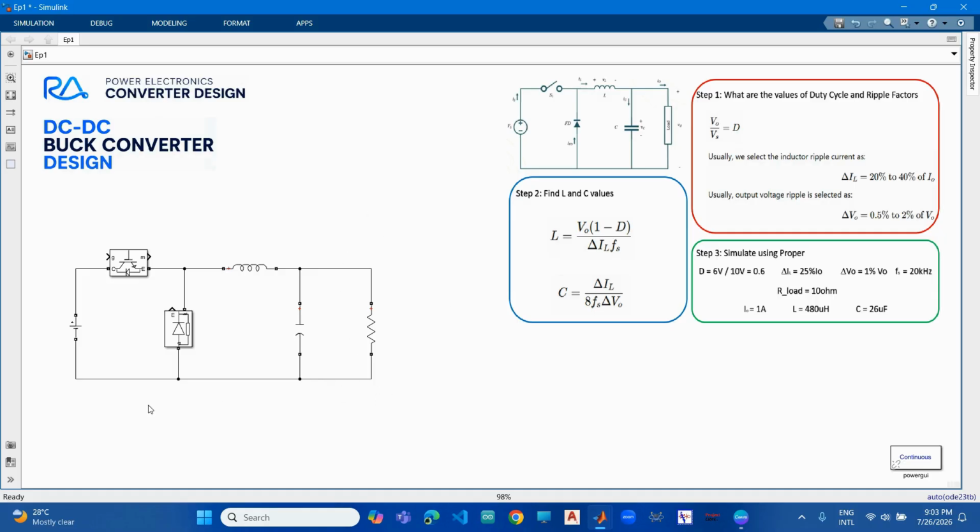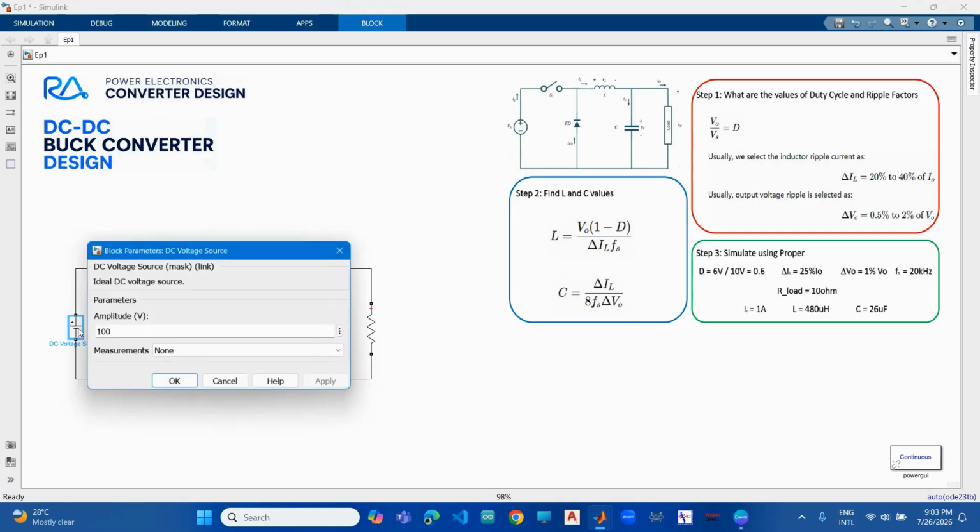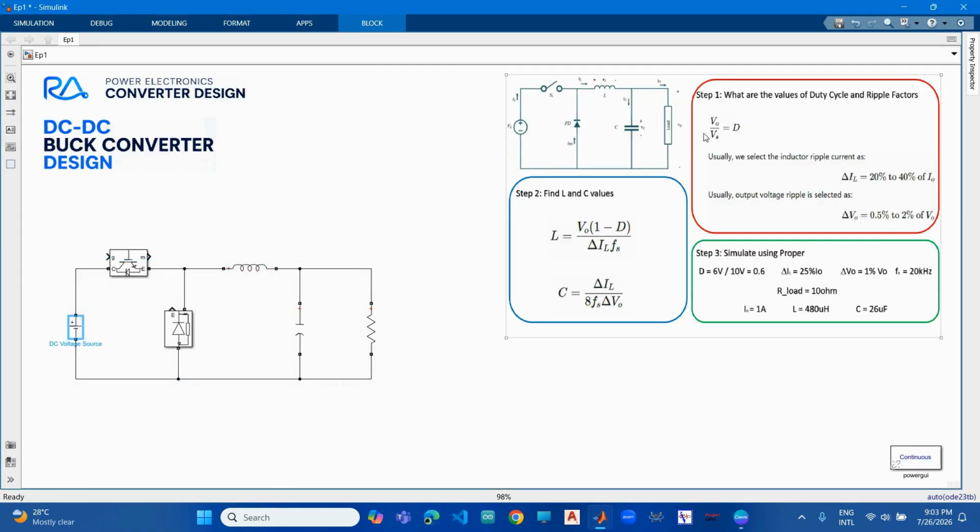So here, that's all. My input voltage will be 10 volts here. These are the initial things I have to select: what are the input voltage and output voltage I need from this buck converter. My supply will be 10 and output will be 6. Based on that, I have to select the duty cycle, then the ripple factors, and also the switching frequency, which is 20 kilohertz. I also have to select my output load. These are the design things I have to select.